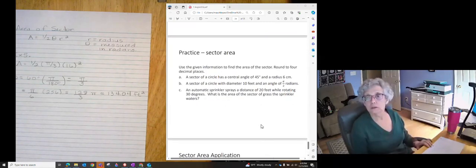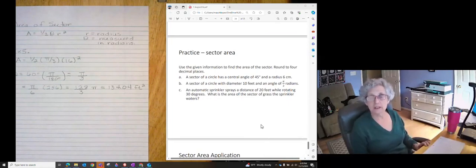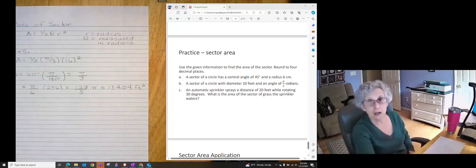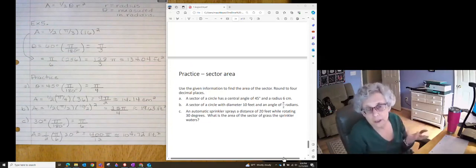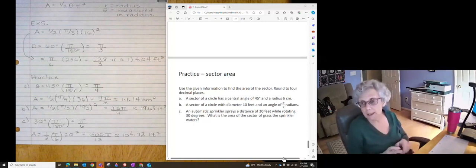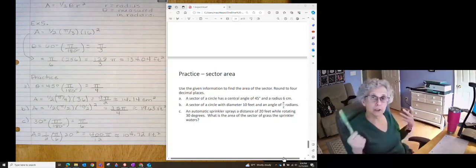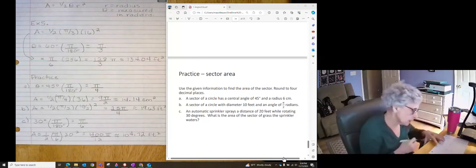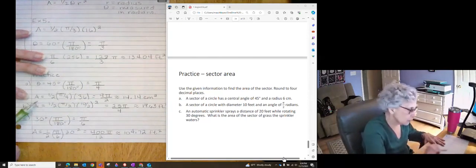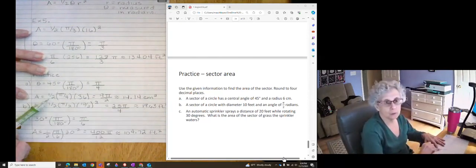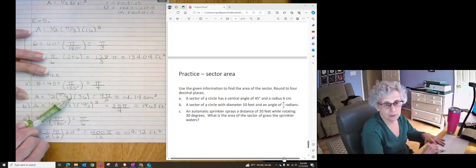So, use the given information to find the area of the sector. Okay, this is your practice problem. So you've got 3 of them. Give them a try. We'll meet back and compare answers. Okay, so even the first one wasn't completely straightforward because it gave you the angle in degrees instead of radians. So you had to convert it to pi over 4 and then multiply 1/2 theta r squared.